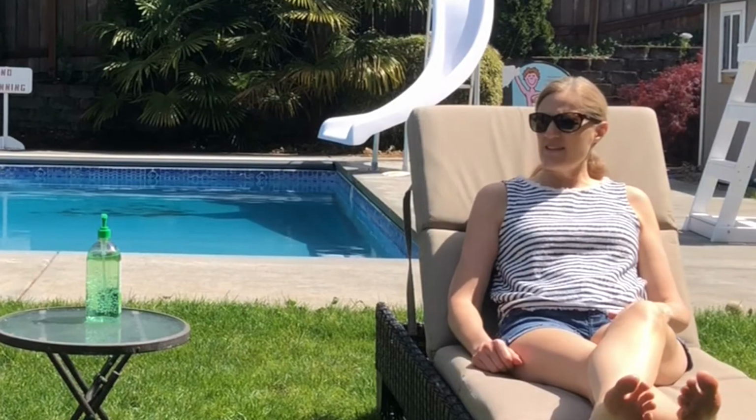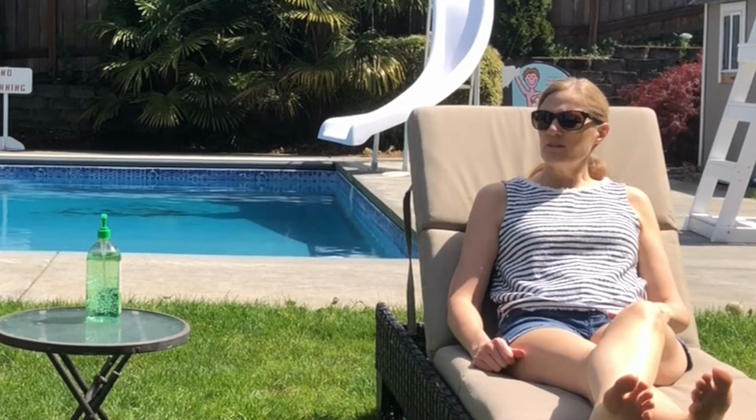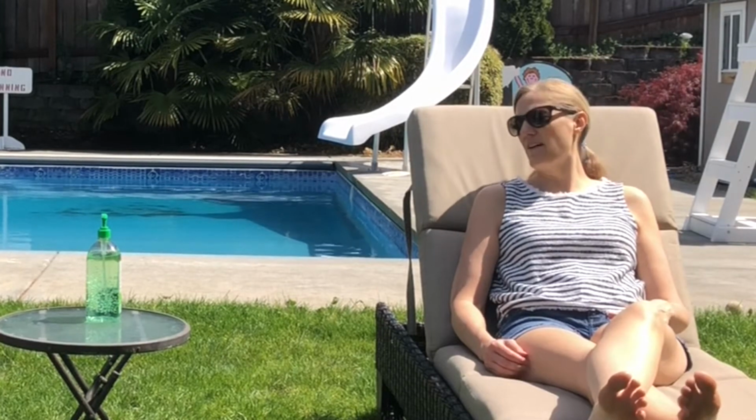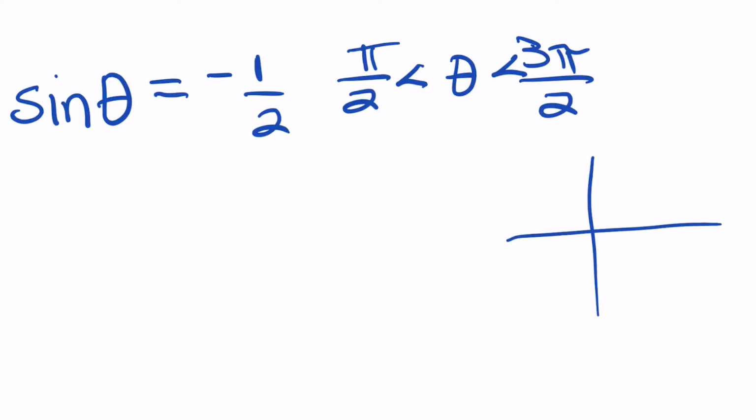How about you find a theta, sine theta, when it equals -1/2? But of course that occurs twice, so let's keep it between pi halves and 3 pi halves. All right, so sine is negative. I'm only looking when it's between pi halves, which is here, and 3 pi over 2. Okay, and then sine is the y coordinate, right?